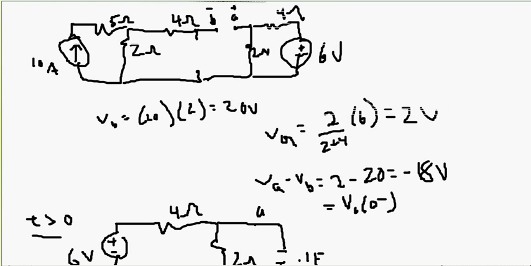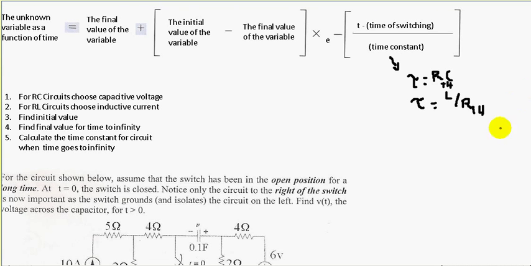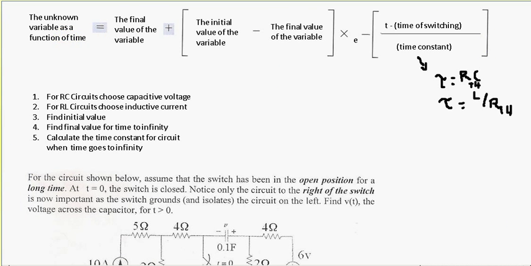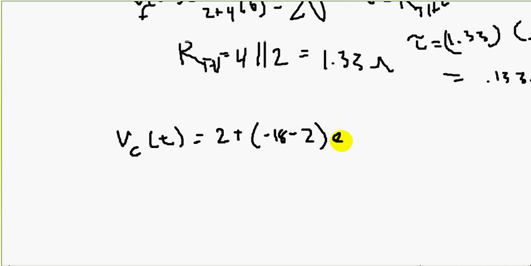Now we have all we require. We have the initial voltage, we have the final voltage, we have tau. We can finally write it in as our general solution. Okay, let's do that quickly. So the voltage across the capacitor for all of time is equal to your final voltage 2 plus your initial voltage minus 18 minus your final voltage, times e to the minus t over tau, 0.133.